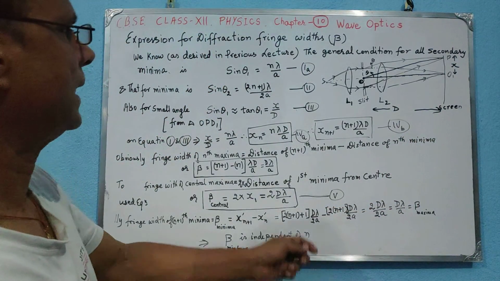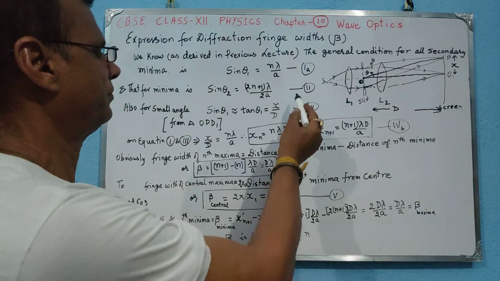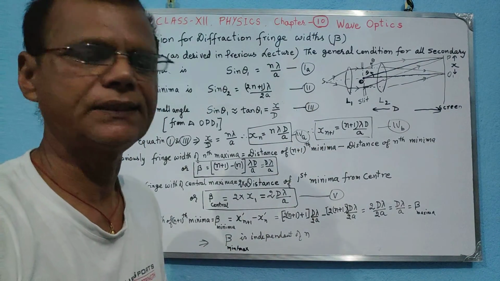So that becomes x by d, and we have named these equations 1, 2 and 3.